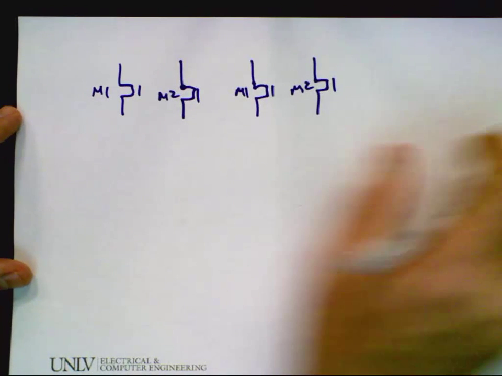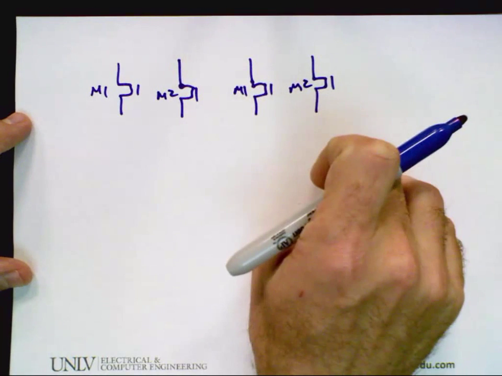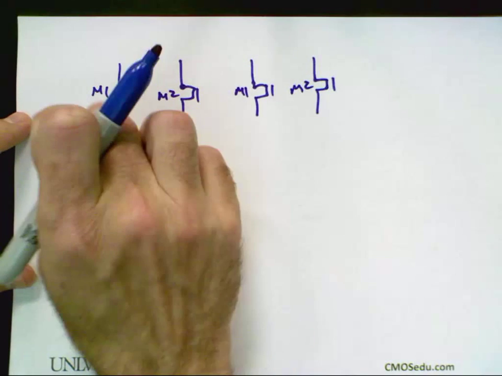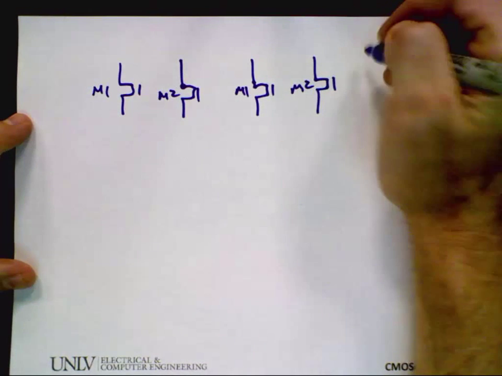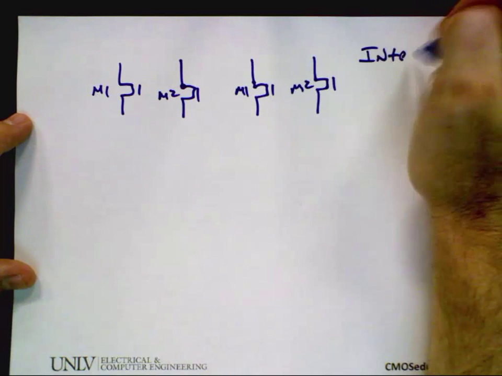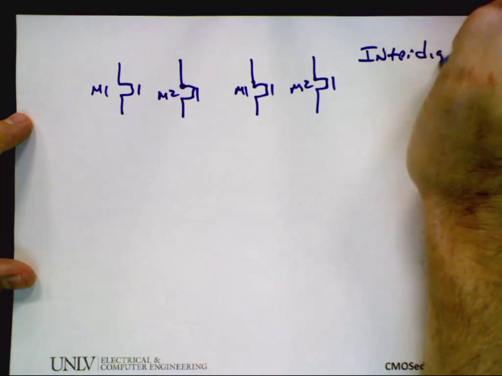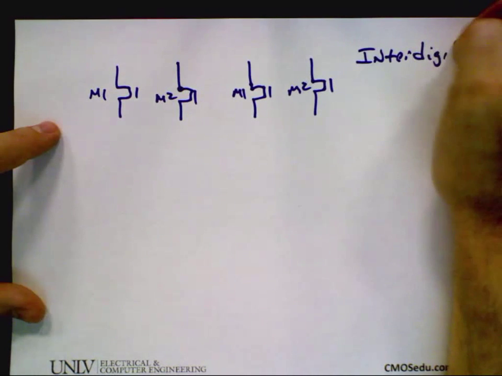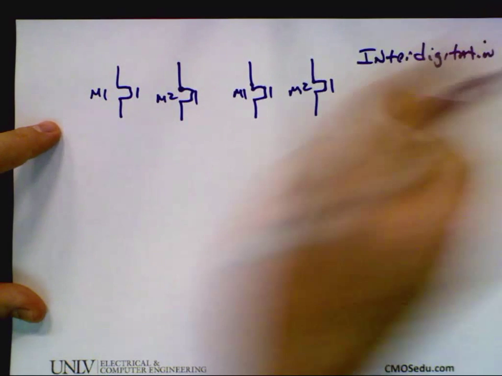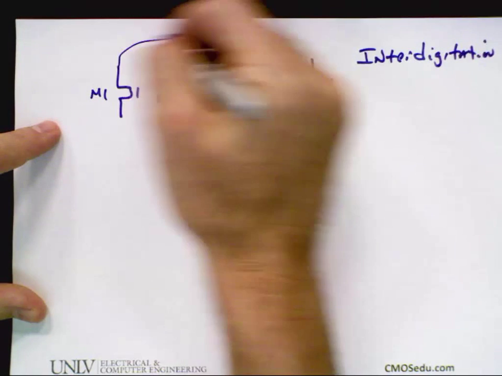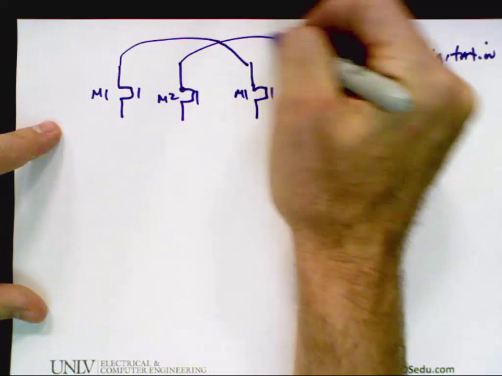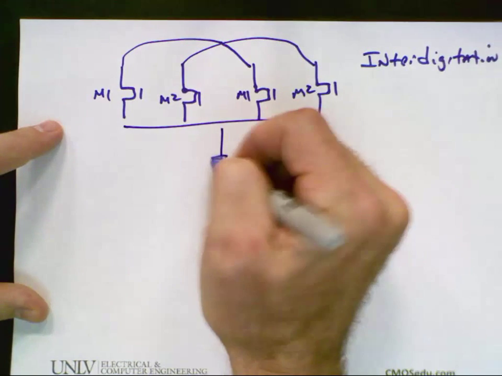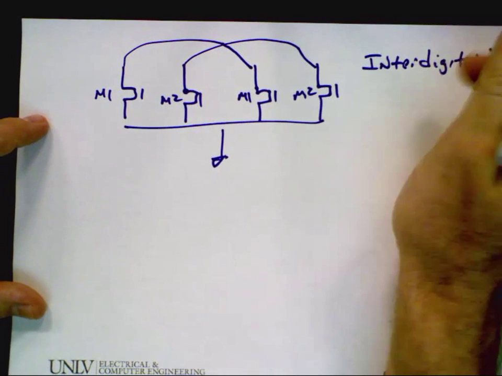Okay, so you might think, well, I want to just mix them together so if there's mismatches, I get the best match and go M1, M2, M1, M2, and this is called interdigitation. Does everybody follow? So then the M1s would be tied together, and the M2s would be tied together, and all these would go to ground. Does everybody follow? And why you would want to do that.